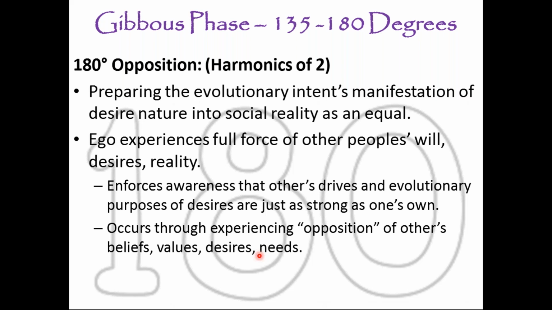Here, with Mars Pluto, we're preparing the evolutionary intense manifestation of our desired nature into societal reality as an equal. And I will remind you, as Mars is moving towards 180 degrees with Pluto, Mars is moving towards the Pluto polarity point, the evolutionary intent of the soul's desires, natal Pluto.